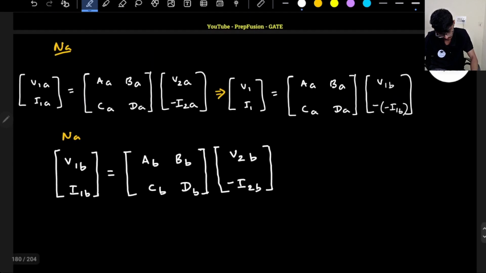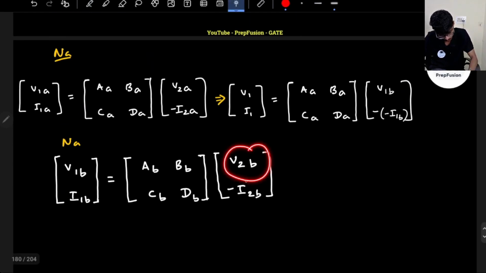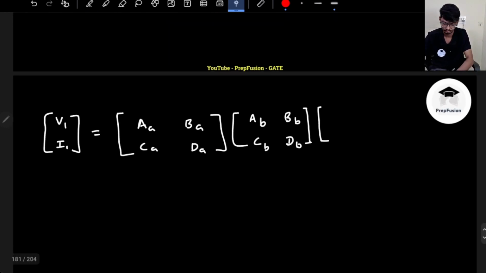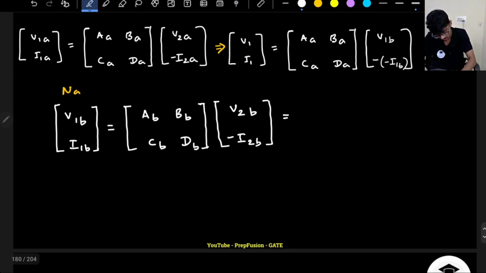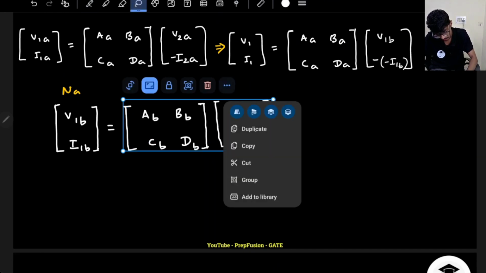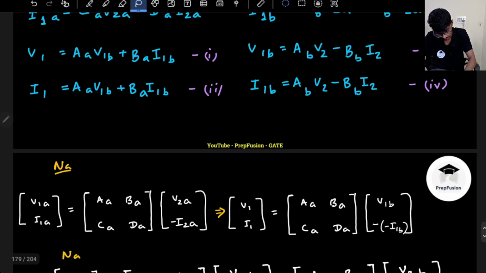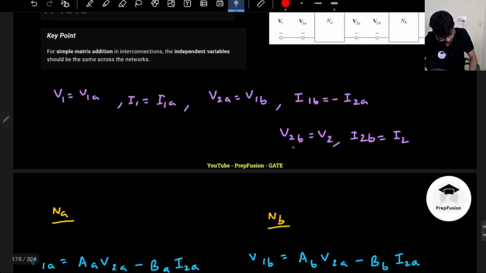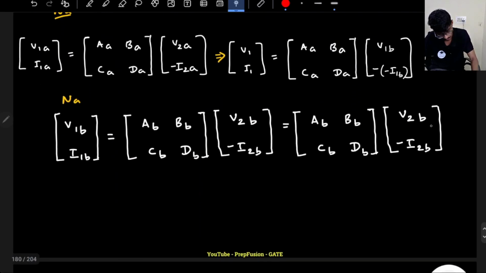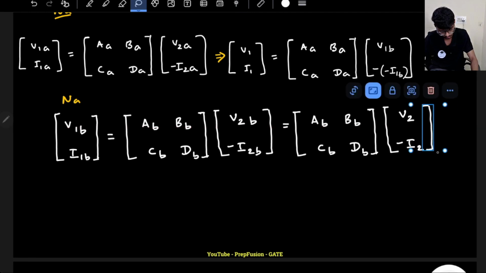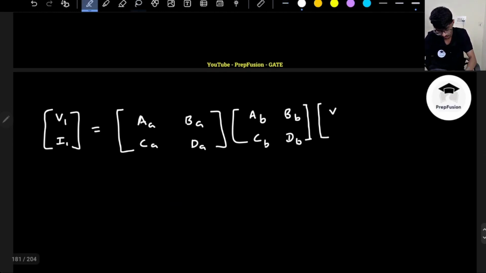And this one will be V2B and I2B. So what is V2B and I2B? From the first page, V2B is V2, I2B is I2. So this will be V2 and this will be minus of I2, correct? Because both of them are the same. Okay, so this is V2 and this is minus of I2.